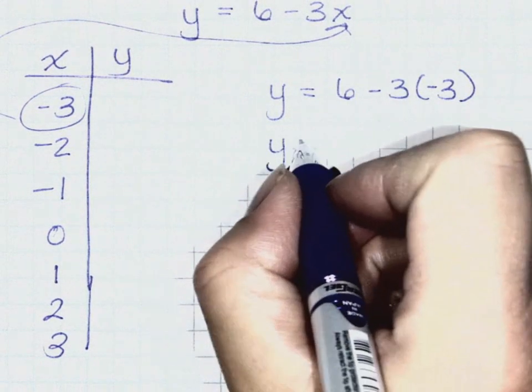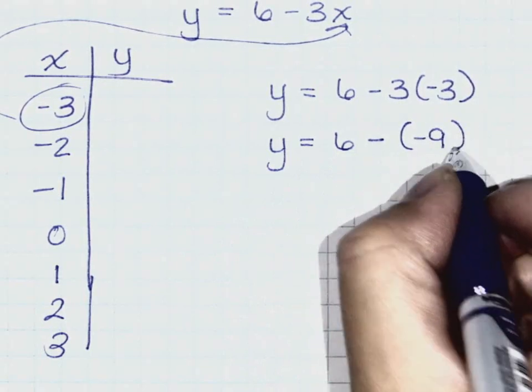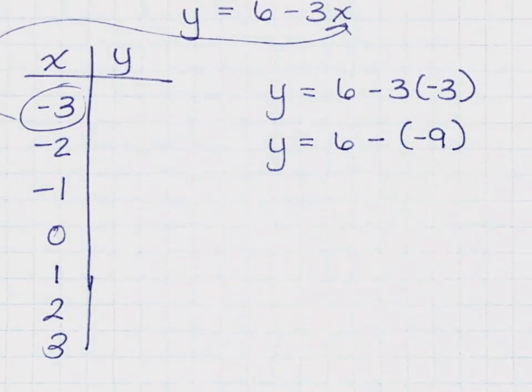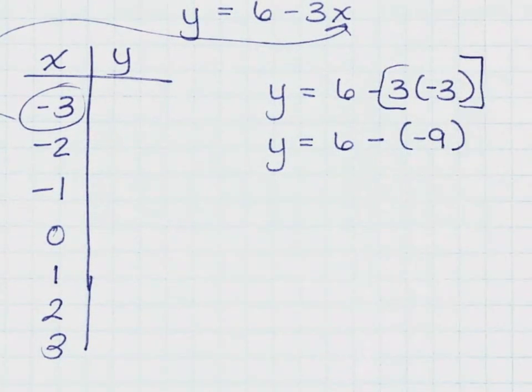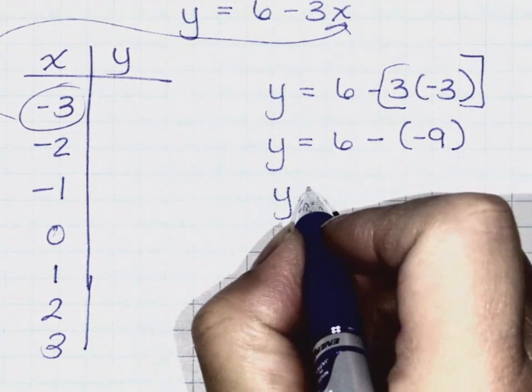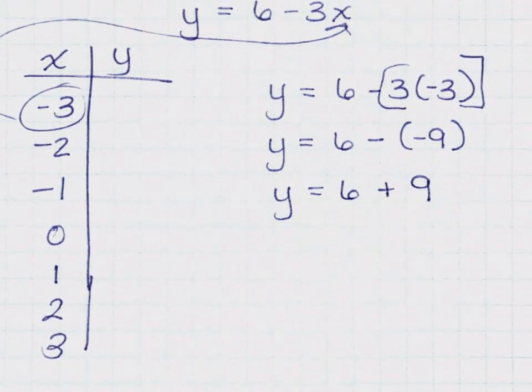So we are going to have y equals 6 minus a -9, because I'm timesing those two together. When you're subtracting a negative number, what happens? We change the sign. So y equals 6 plus 9.